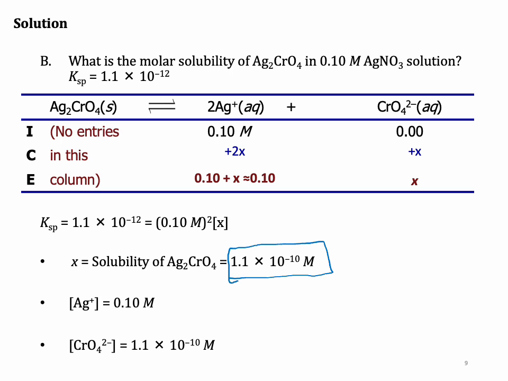So if you compare your x, which is molar solubility, between part A and part B right here, we can see that part B is a lower value, which shows us that solubility has decreased because of presence of common ion.